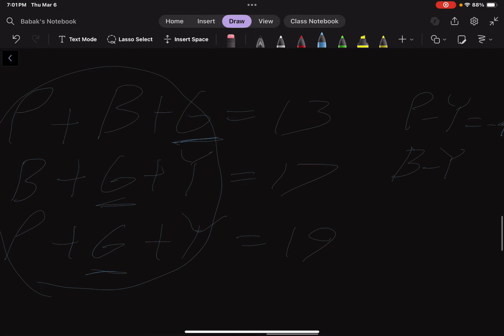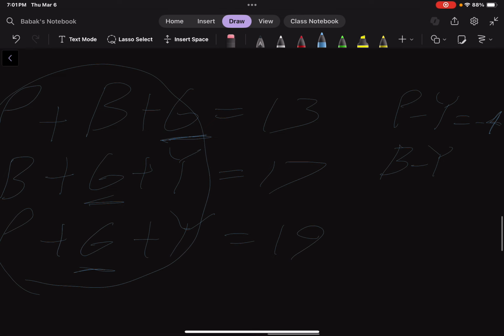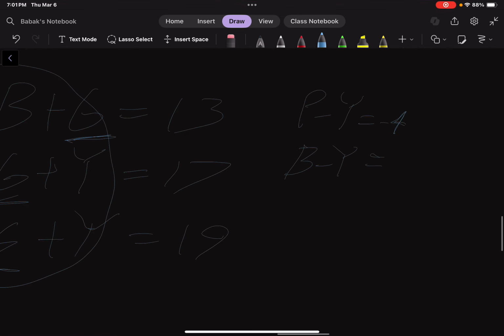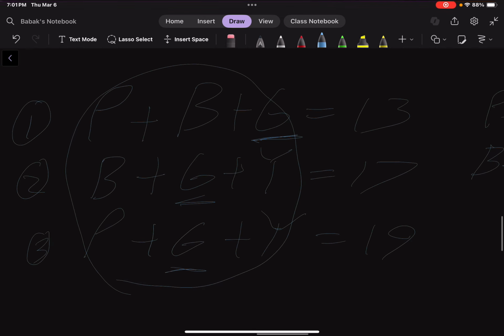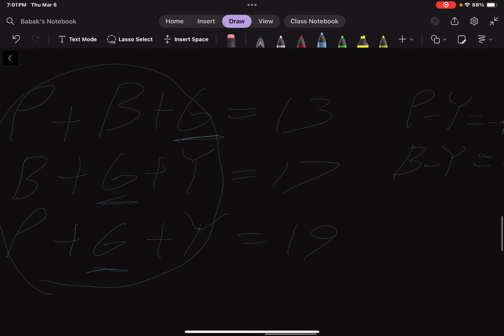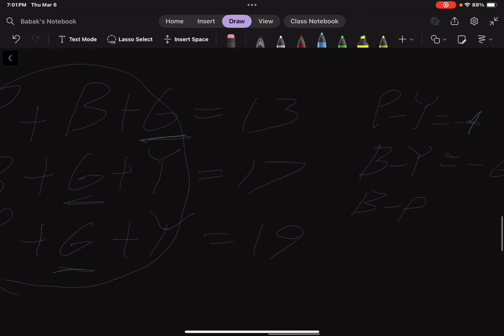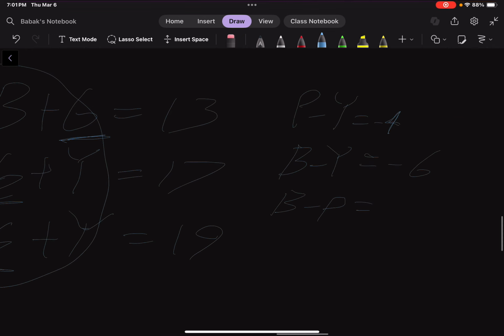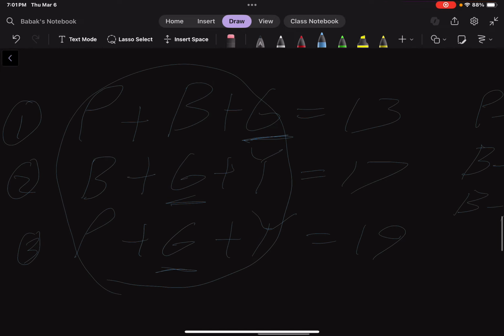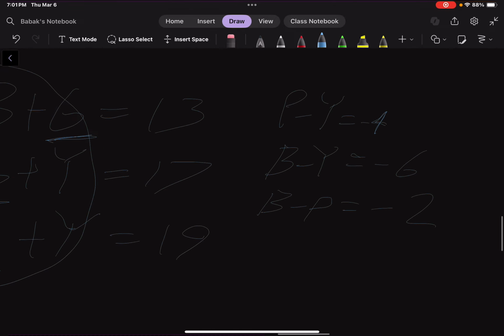If I can make sure. Yes, this would be correct. Being negative 6. And finally, equation 2 minus 3. In this case, being b minus p is equal to negative 2. And that is the case, yes.